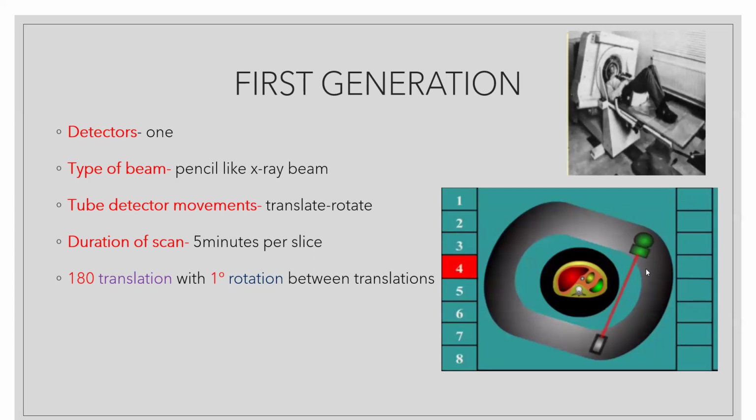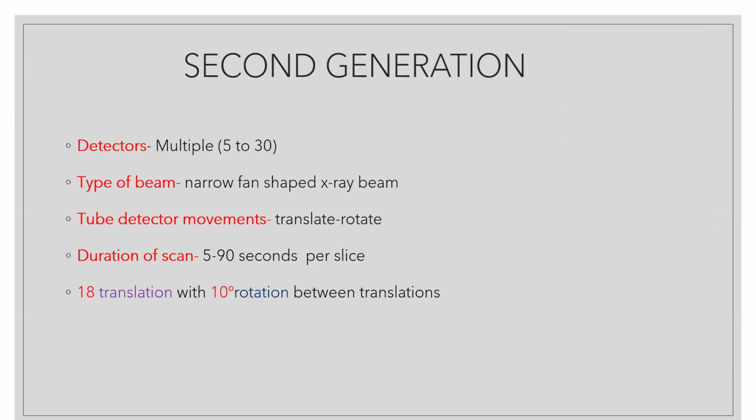Both the tube and detector have translate and rotate motion, and the duration of a scan is 5 minutes per slice. It has a 180-degree translation for 1 degree rotation between the translations. So approximately, it will take 45 minutes for even a brain scan.